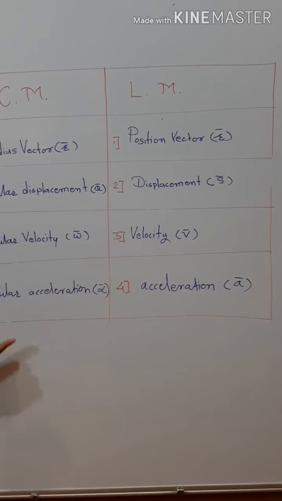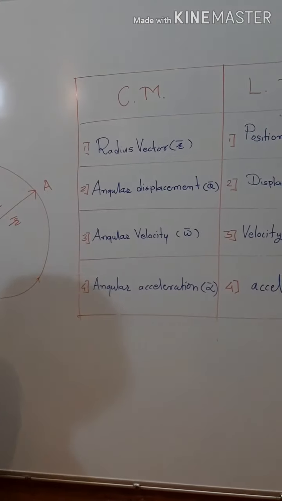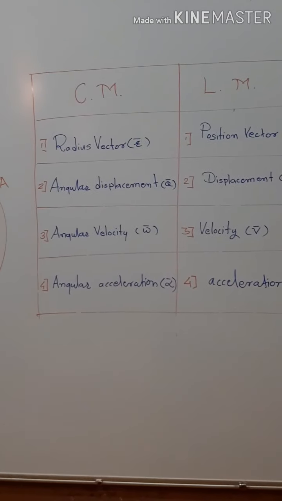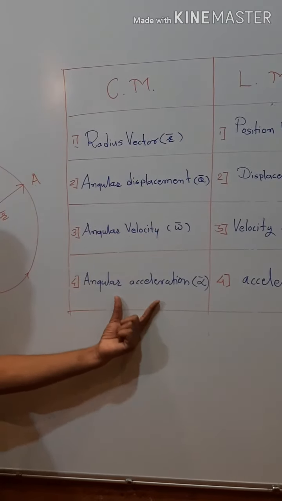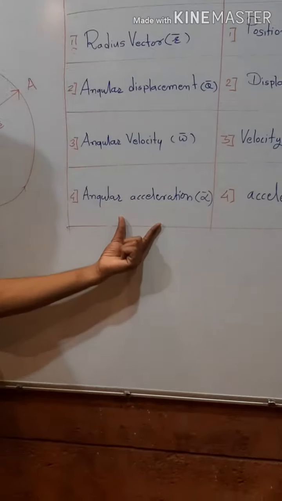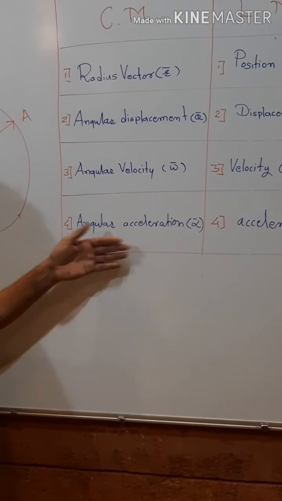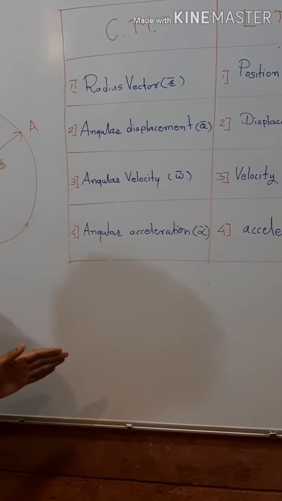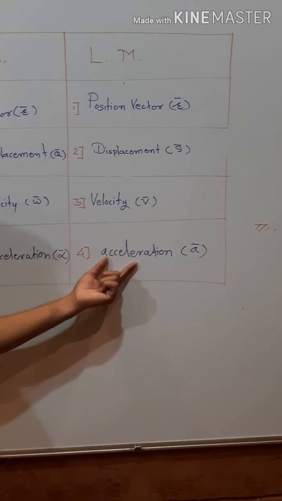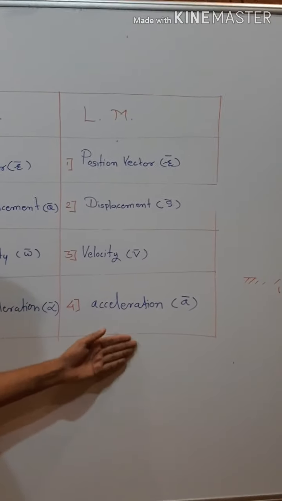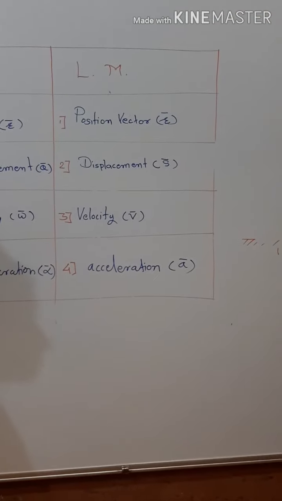Now the next question is, how does the velocity change, increase or decrease? That means the change in angular velocity is described by using the physical quantity angular acceleration alpha. And similarly, how the linear velocity changes in linear motion is described by using this quantity.